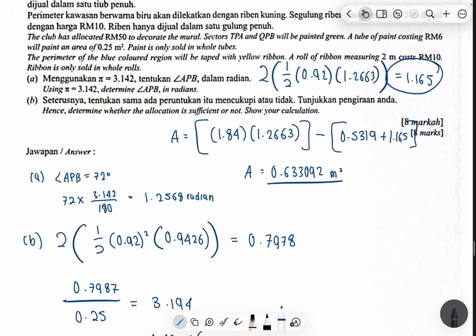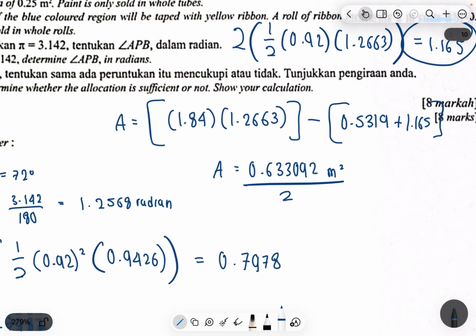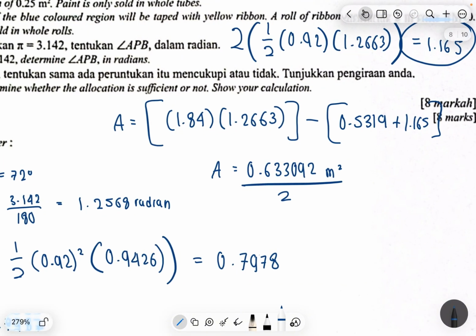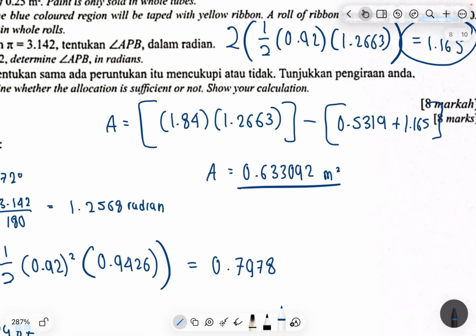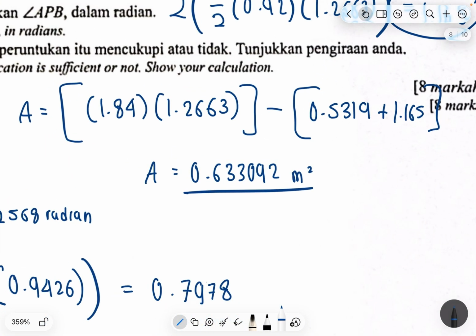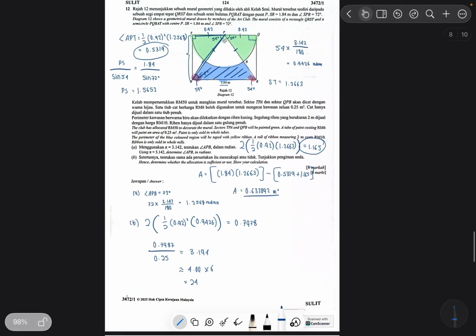So divide by 2. 0.633092 divided by 2, I get 0.3165. Huh? Wait. Maybe I have to take 2 divided by 0.633092. Then I get 3. 4 times 10 is 40. No. Wait.